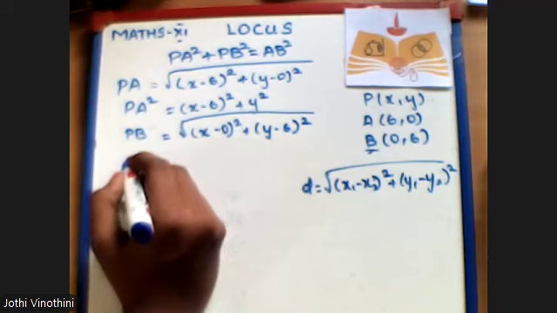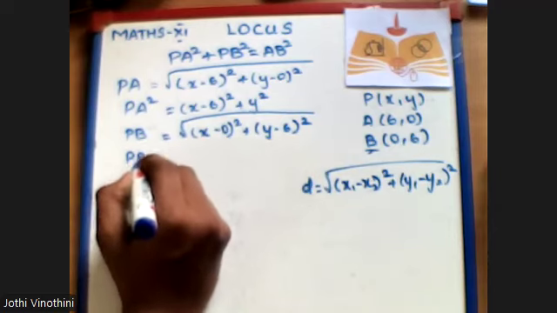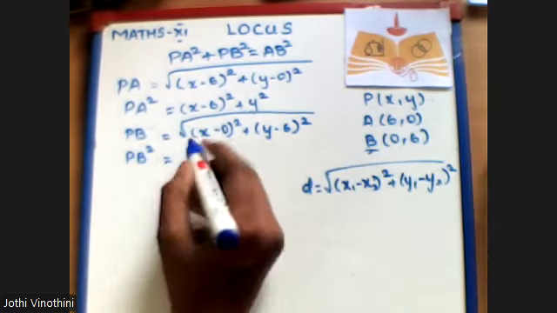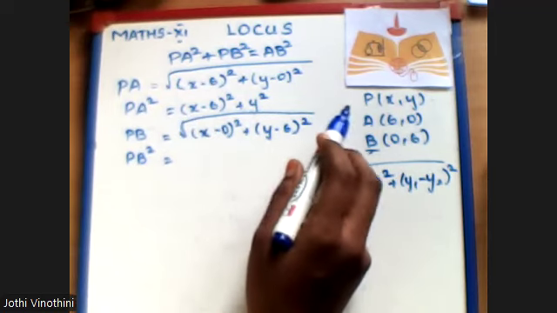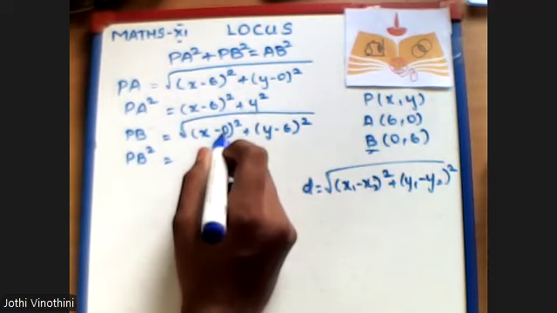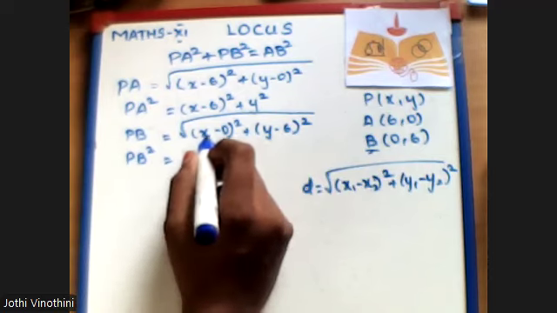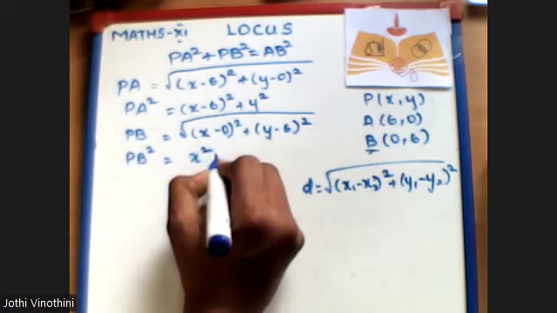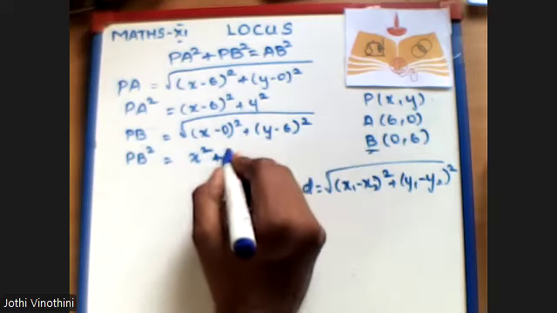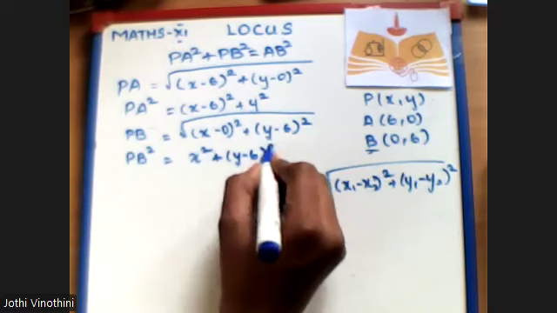Right? What do I have to find? I have to find PB square. While squaring a square root, the root and the square will get cancelled. So x minus 0 is x, the whole square, x square, plus y minus 6 the whole square.